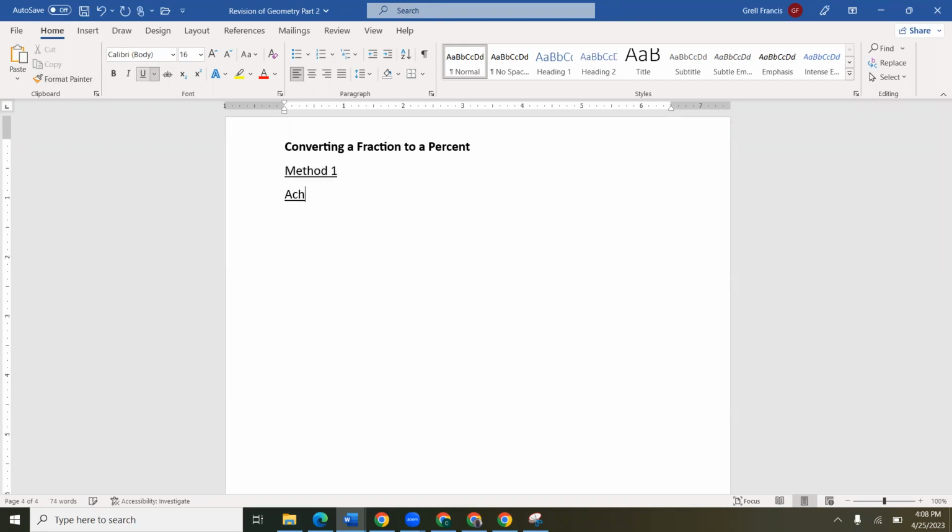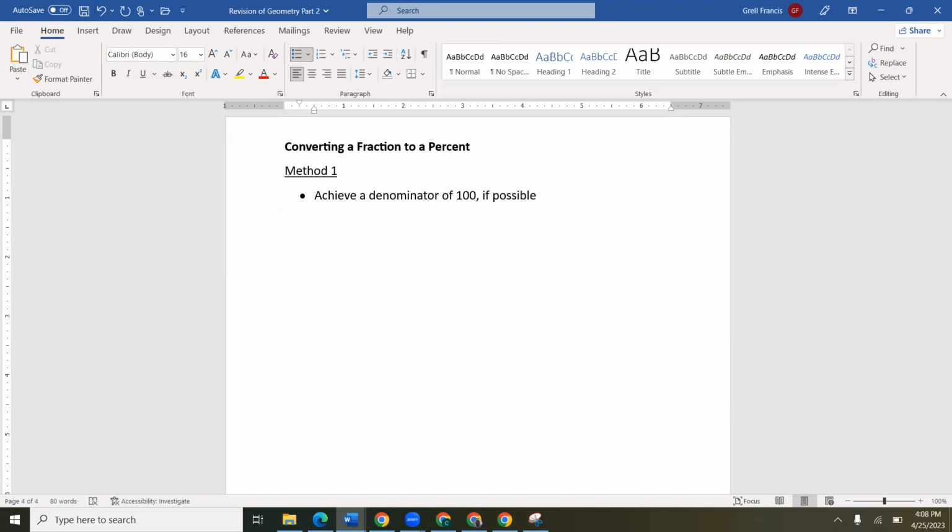Achieve a denominator of 100, if possible.